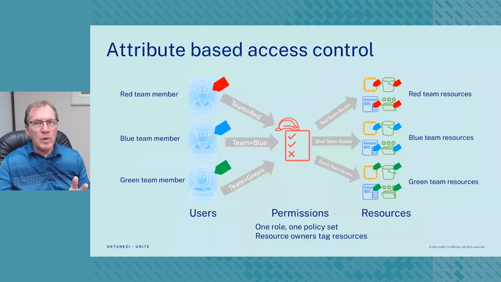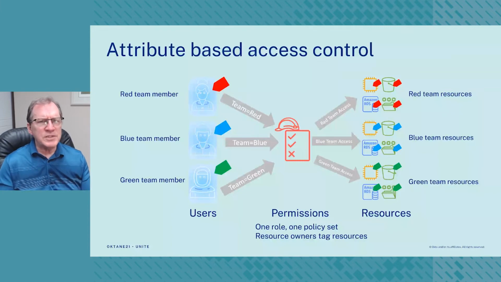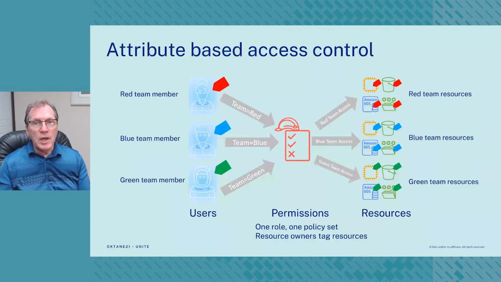For example, when people from the red team assume a role, they'll get access to the resources that are all tagged red. But when people from the blue team assume the same exact role, they'll get access only to the resources tagged blue. So instead of having tens or hundreds or thousands of roles, you can have a few roles and policies that give people access to the right things just by adding tags to the resources and having Okta send a corresponding attribute for their users.